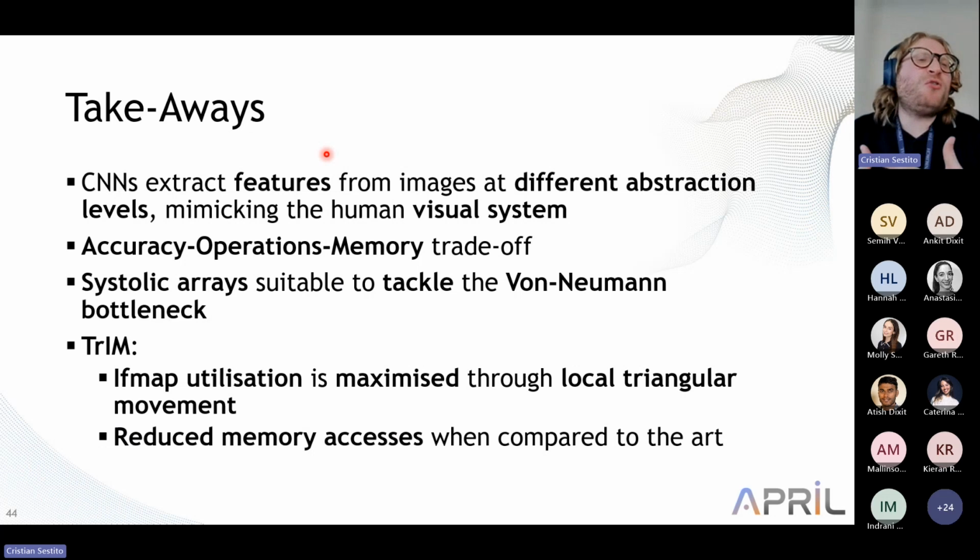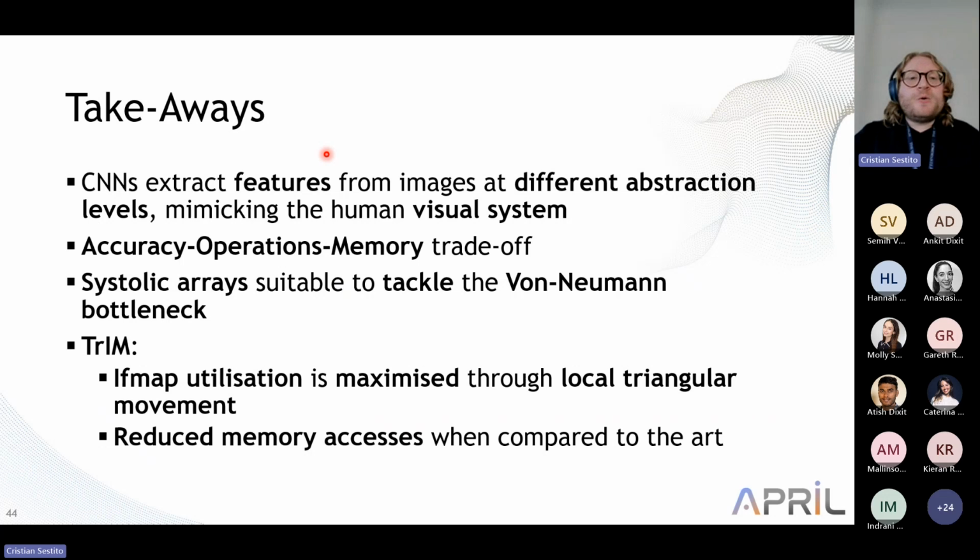First of all, convolutional neural networks extract features from images at different levels of abstraction. We start from very basic edges and shapes, and progressively we build complex objects and colors. So in one way or another, we are mimicking the human visual system: starting from the retina, we move towards the visual cortex and finally to the inferotemporal cortex to finalize the recognition of the pattern.